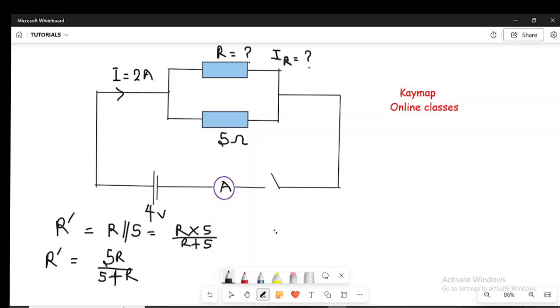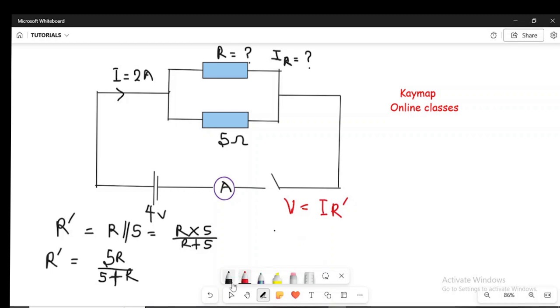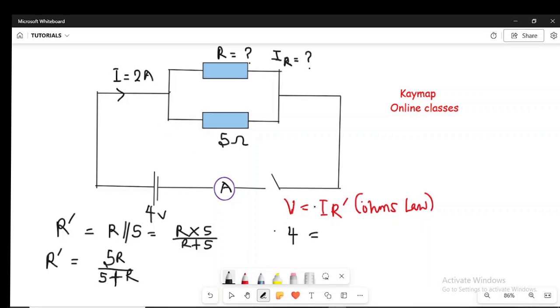Now we'll apply our Ohm's law. That's going to be V equals I R prime. That's our Ohm's law. Okay, so now let's plug in the values. Our V, the source voltage, is 4. Now current given in this setup, which is what? 2 amps.